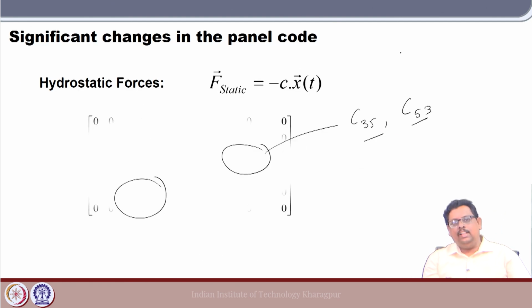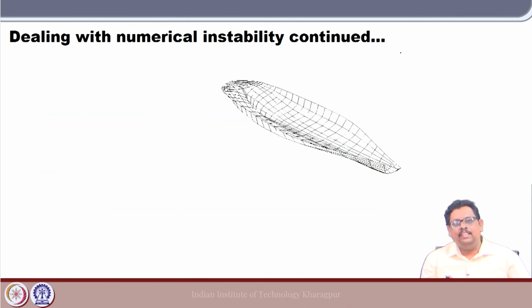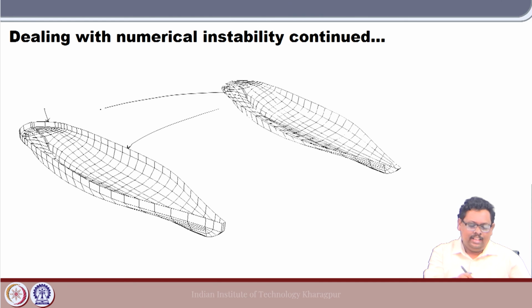So, as a solution, it is a very interesting solution. We use some kind of artificial paneling. You see here I have this flared shape, and here I can use artificial paneling to make some small vertical panel. It does not increase the hydrostatic effects or anything much, it is a very tiny vertical strip that I attach to the original shape.